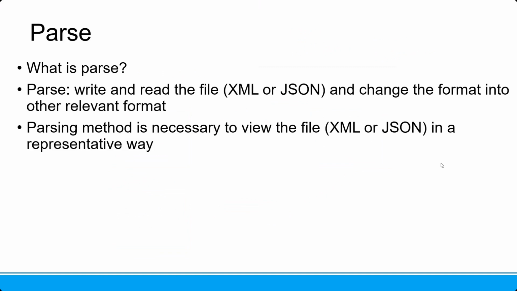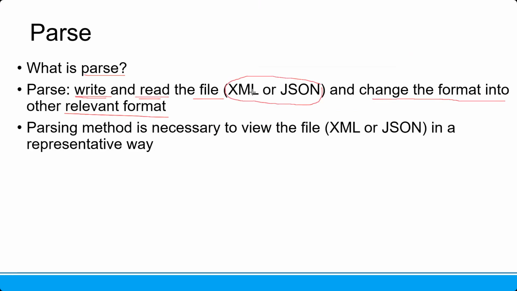First, you need to understand the meaning of parse. Parse means we want to write and read. This is the common definition of parse. We want to write and read a file, in this case XML or JSON, and change the format into another relevant format.